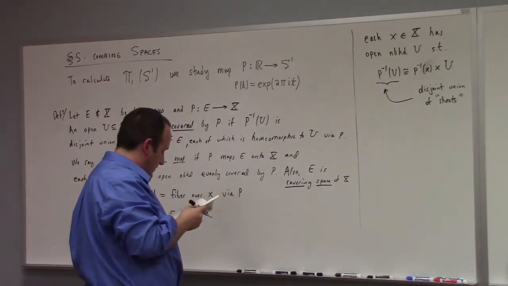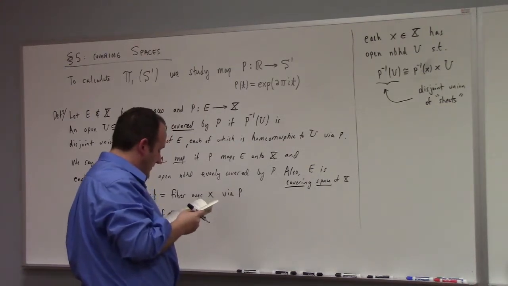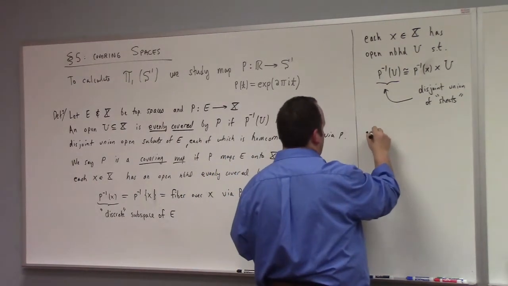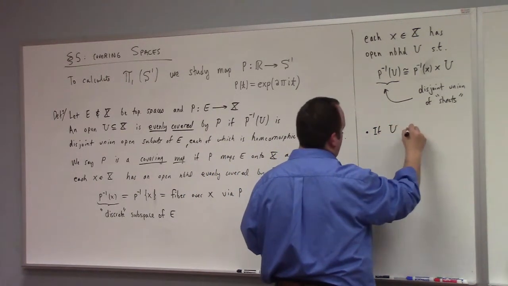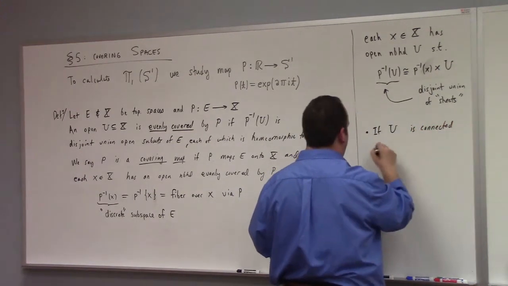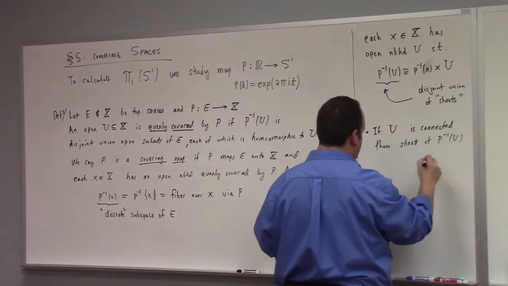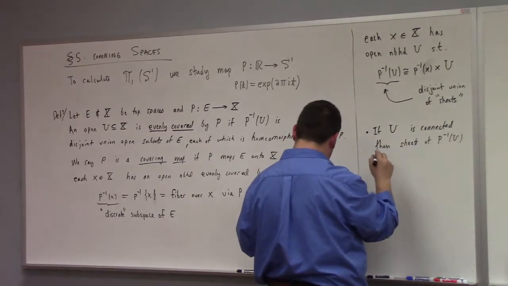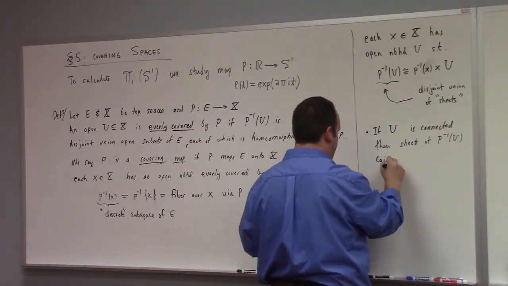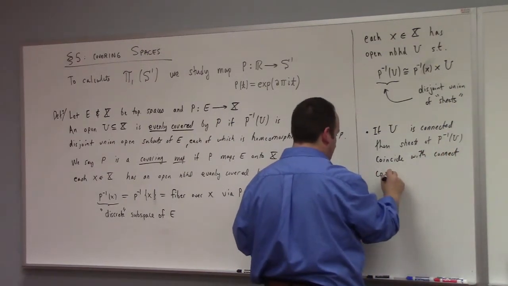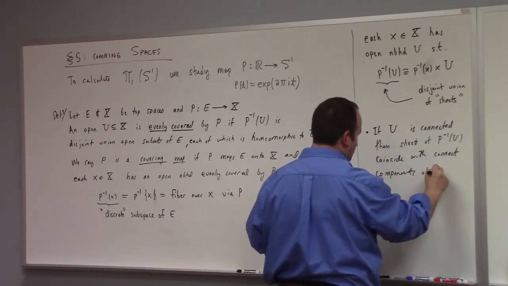To be careful: if U is connected, all right, then the sheets of P inverse U coincide with the connected components of P inverse of U. All right.